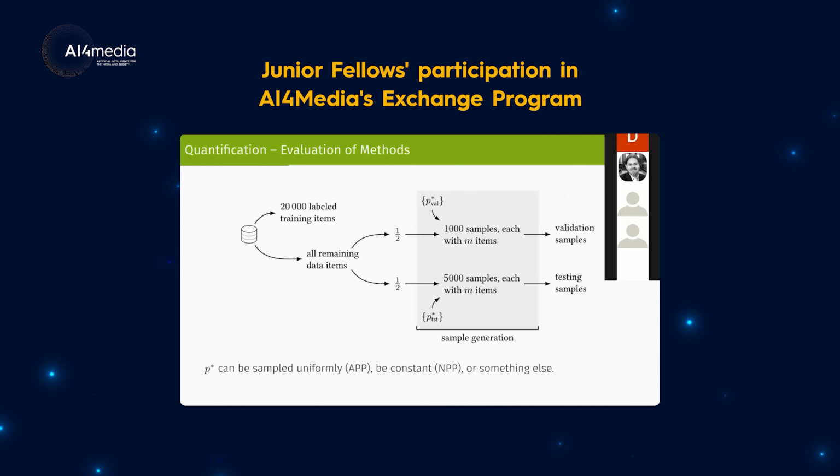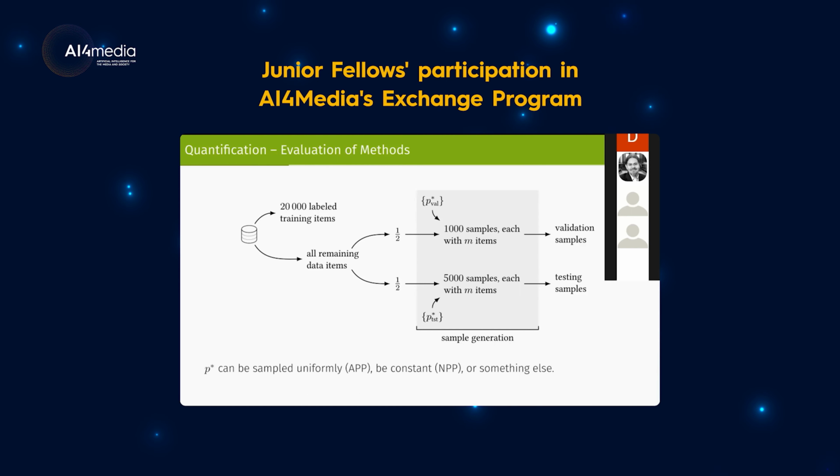Another aspect of quantification is that you need to evaluate in a different way than classification. Here you have to have multiple sets of data over which you evaluate. Therefore, you would, for instance, divide into training items to learn a basic classifier, for instance, or other representations from which you can do the quantification later on.